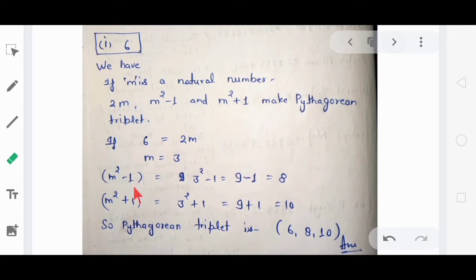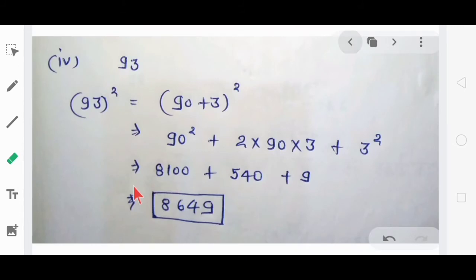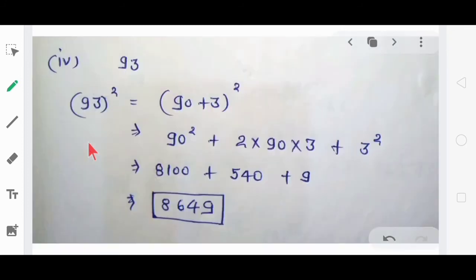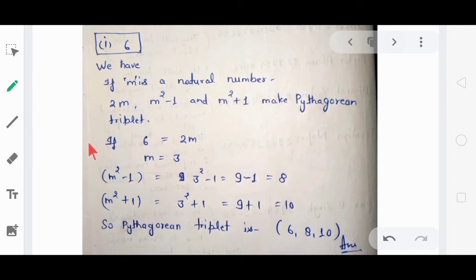In question number 2, we have the first part of the question. Here is the question. Write a Pythagorean triplet whose one member is 6. So when one member is 6, we have other members m square minus 1 and m square plus 1. Let's see how. We are given the first number is 6.